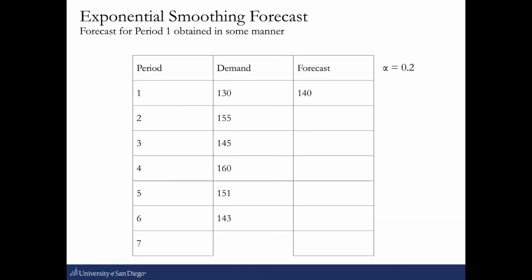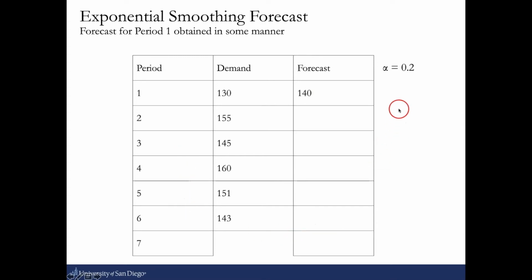Now, consider the second case in which we obtain the forecast for period 1 in some manner. Say, for example, we can use an expert panel or a manager's experience. And we get 140 here in period 1. Then we can start to apply the exponential smoothing forecast method from period 2, 3, 4, 5 up to 7.